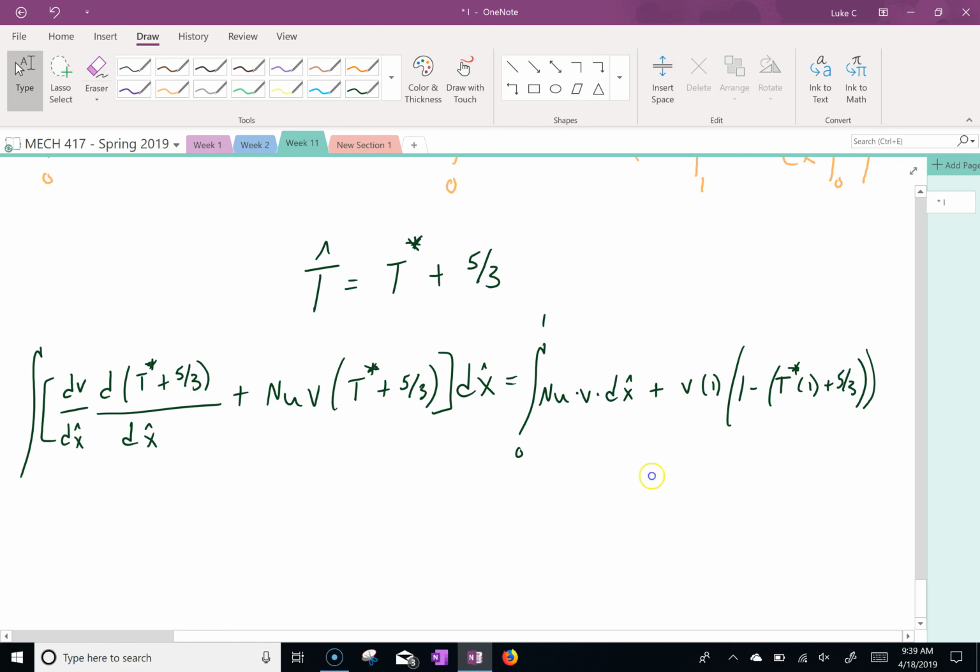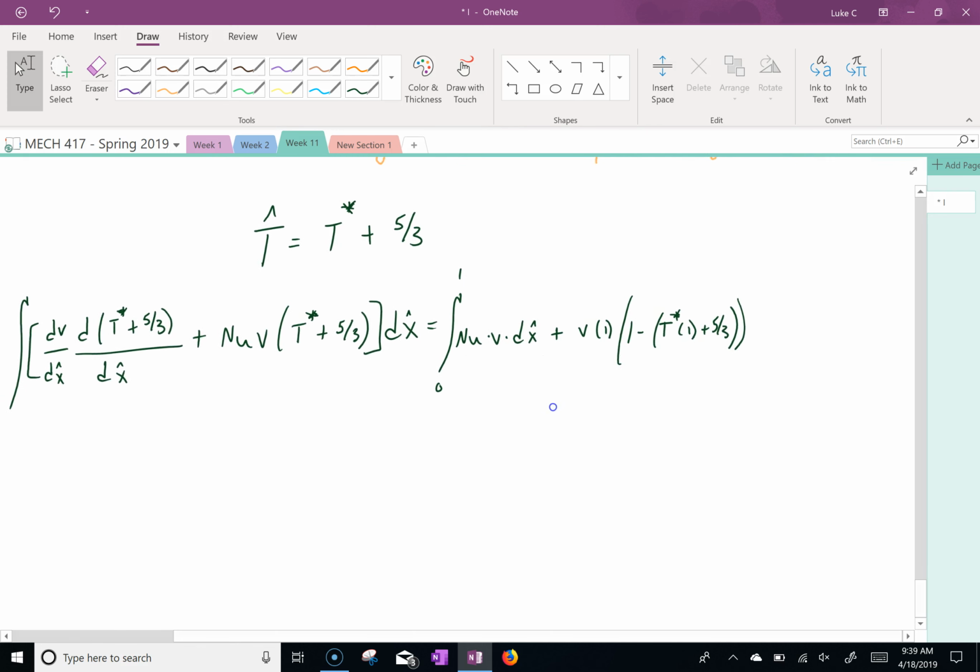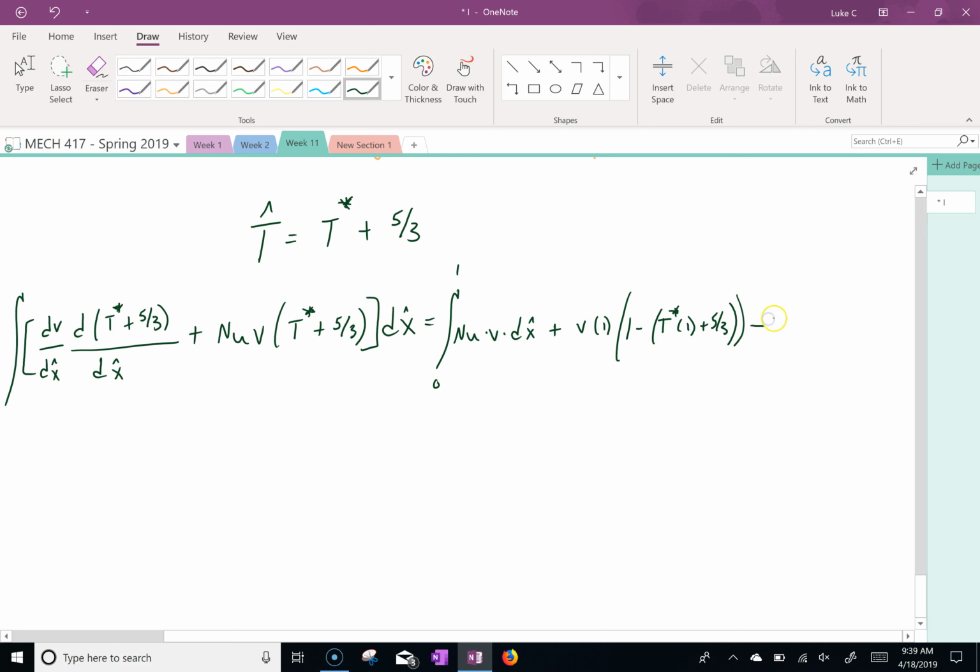And then we're going to subtract v of 0 d(t star plus 5/3) over dx hat. I don't know why that parenthesis is so big. It doesn't have to be.